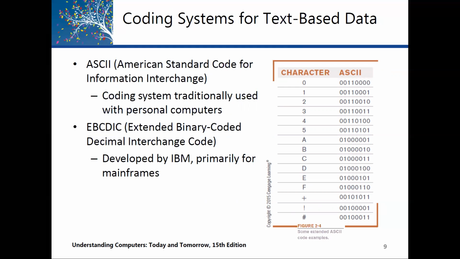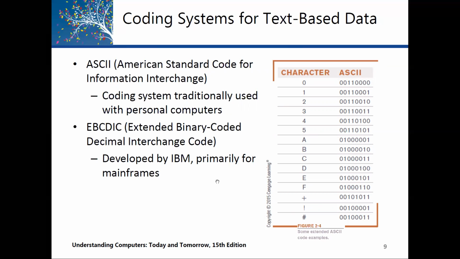So if 2 raised to the power of 7 can host 128 characters, 2 raised to the power of 8 can represent 256 characters, 256 symbols, double that. Extended ASCII codes were used widely in personal computers.